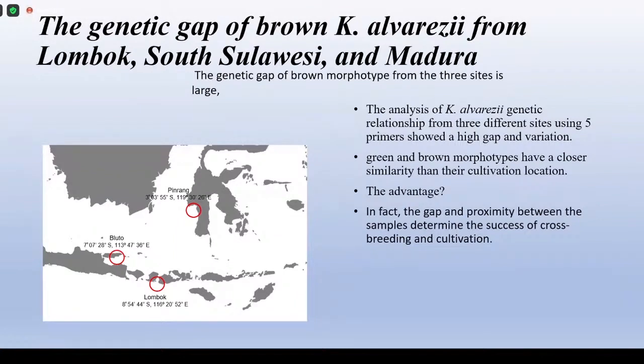The analysis of Kappaphycus alvarezii genetic relationship from 3 different sites using 5 primers showed a high gap and variation. The green and the brown morphotype have a closer similarity than their cultivation locations. What is the advantage? In fact, the gap and proximity between the samples determine the success of crossbreeding and cultivation.